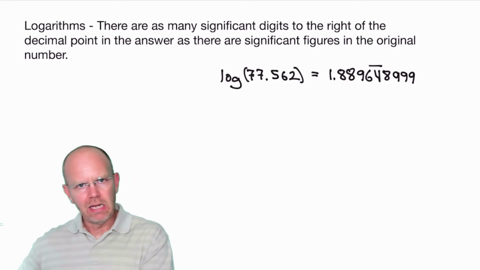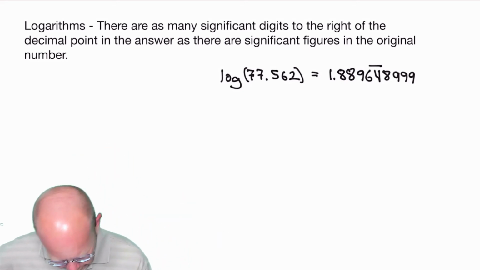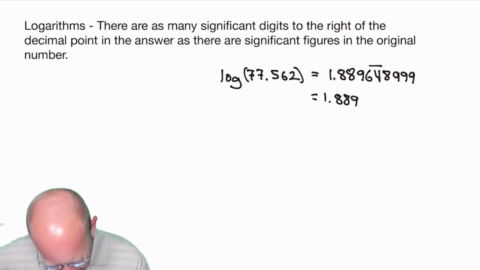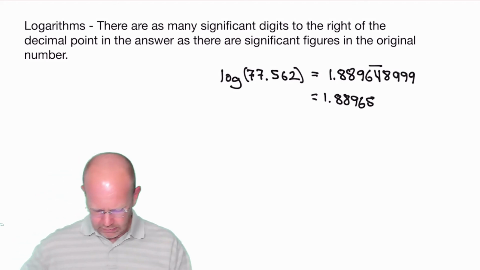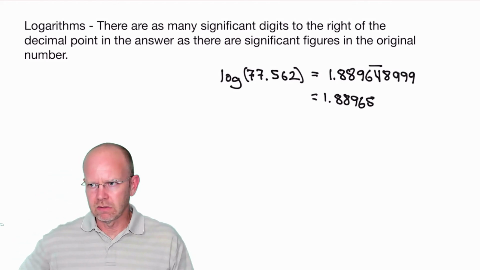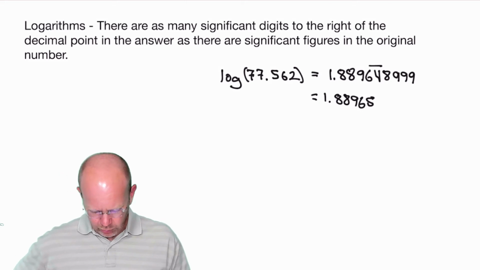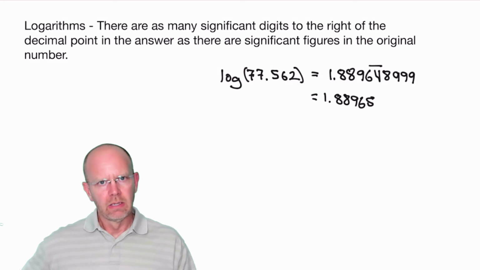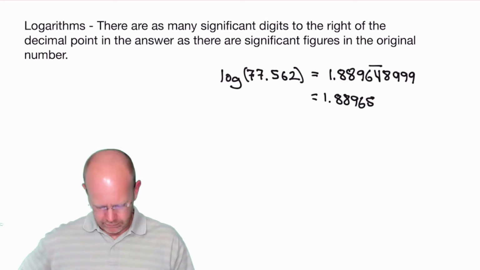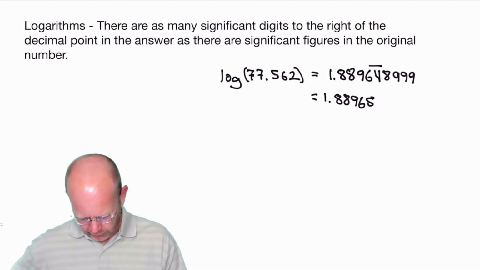And again, because an 8 follows that number, we would round that up to 1.88965. Okay, so that logarithm with sig figs is 1.88965, and the rest of the number is removed. That's how you deal with computing significant digits when working with logarithms.